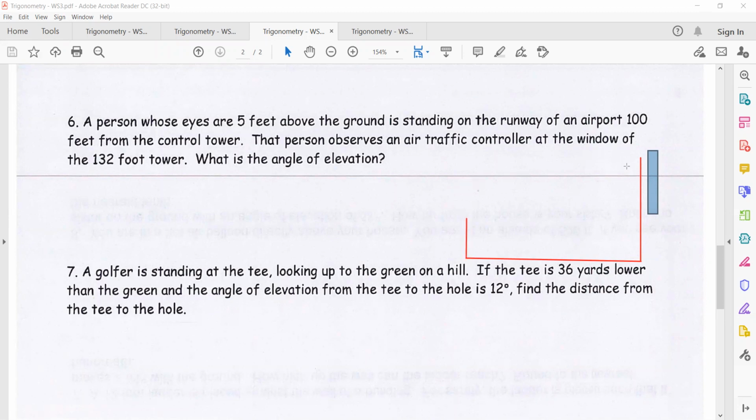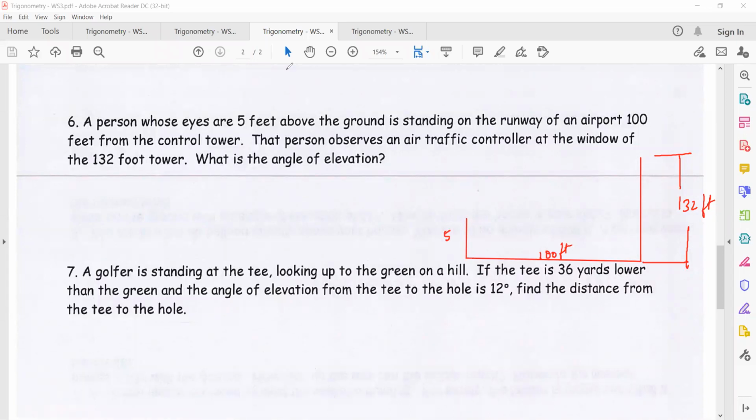Now this is the control tower and the total height is 132 feet. This is the person and his eyesight level is 5, only 5. He is standing 100 feet away, right?